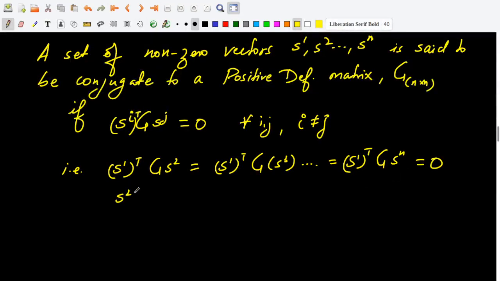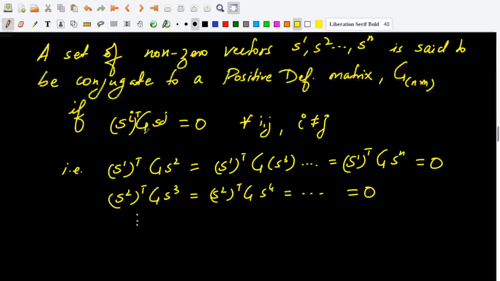Same with S2 transpose G S3 and so on and so forth. Okay, so you take any two vectors from this set different from each other and look at this product with G, it should come out to 0.